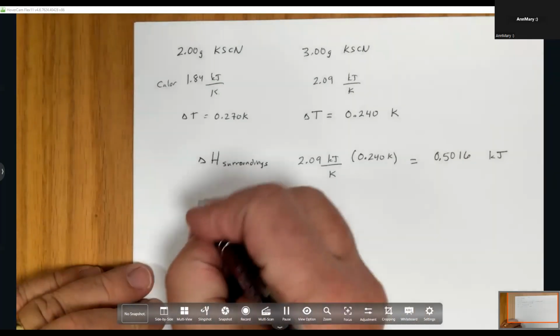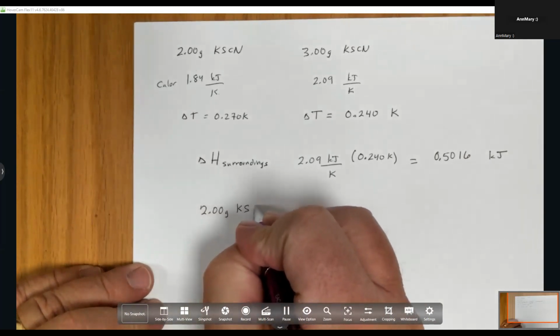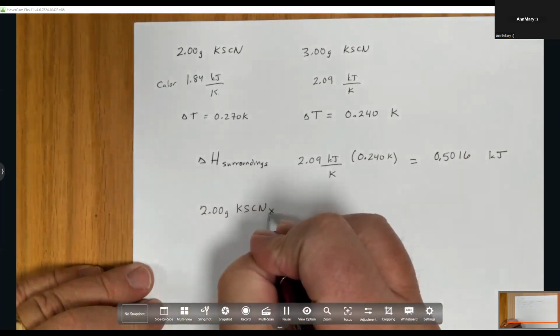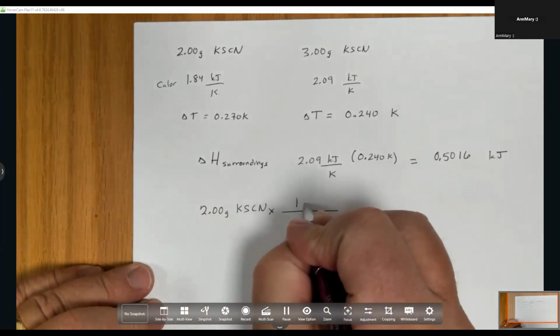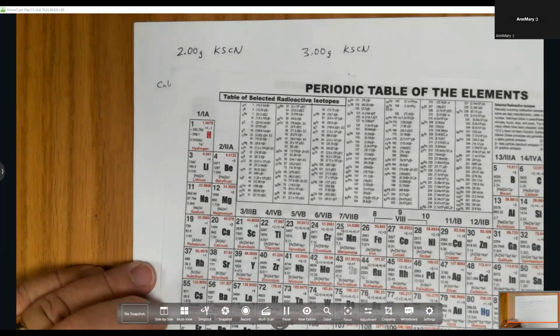And then we have 2 grams of the KSCN. We need to change that to moles. So it's 1 mole over the molar mass.